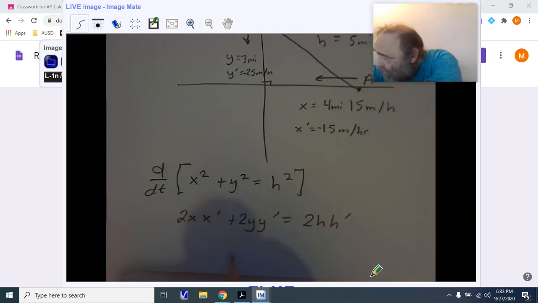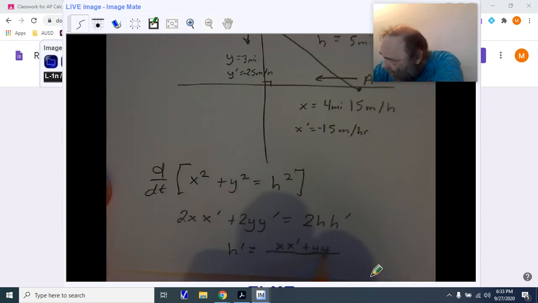And from this, we get h prime simply by dividing by 2h. h prime has to be x x prime plus y y prime divided by h.